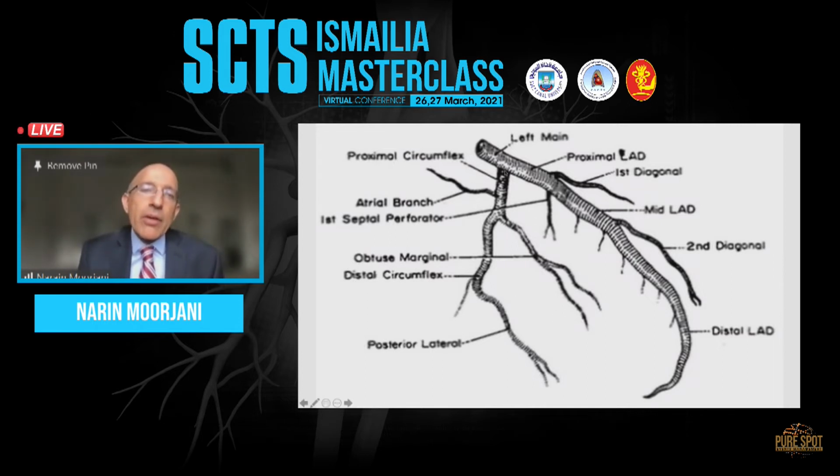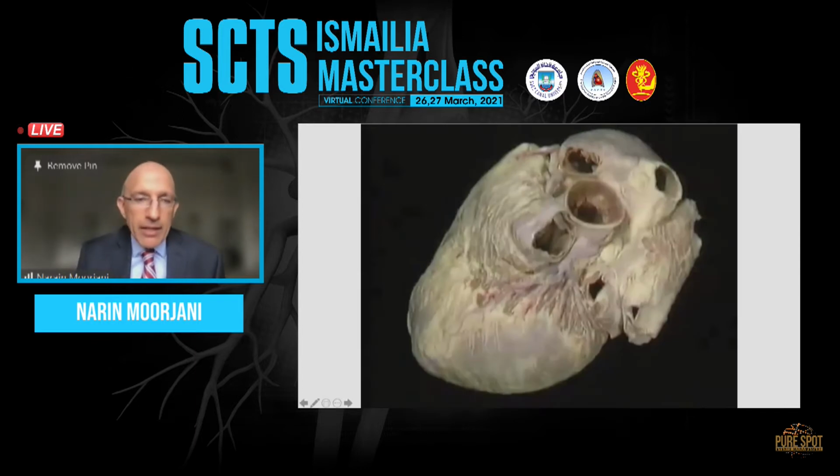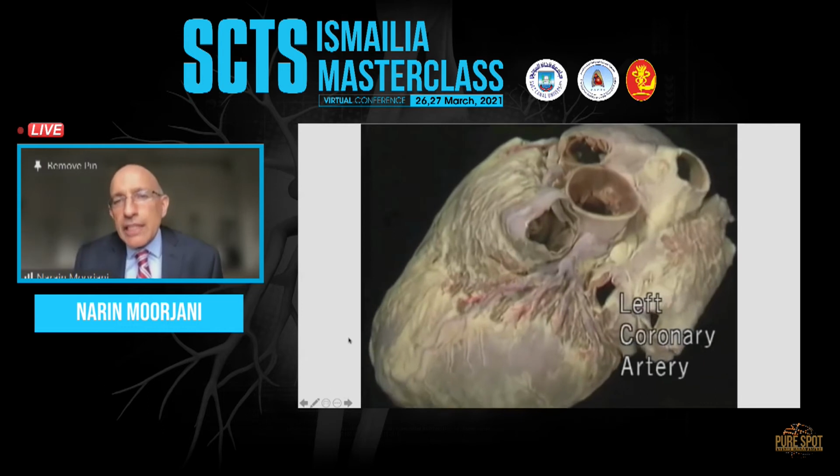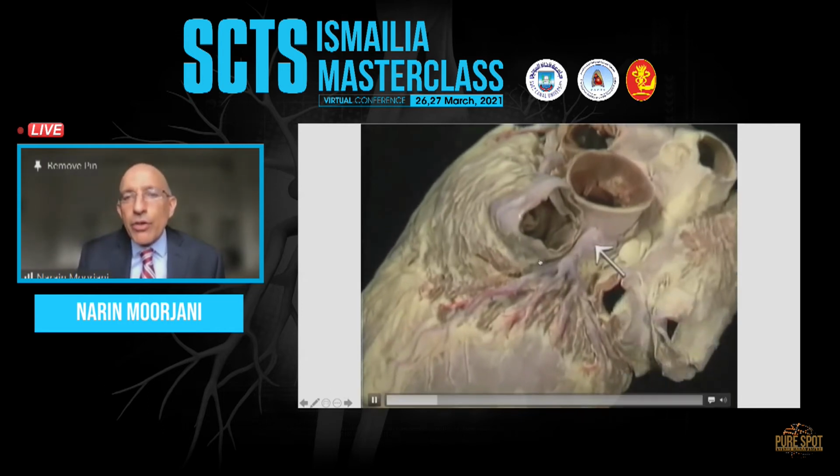This diagram also illustrates, after the short left main stem, the circumflex coronary artery coming off and giving off the obtuse marginal arteries. The name is given because these arteries run across the obtuse margin of the heart, as opposed to the acute margin of the heart, which the branches come off from the right coronary artery. This video will further delineate exactly where the left coronary vessels come off.